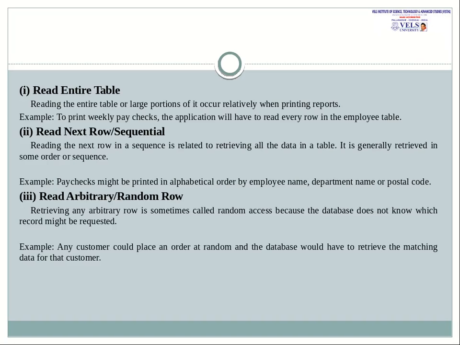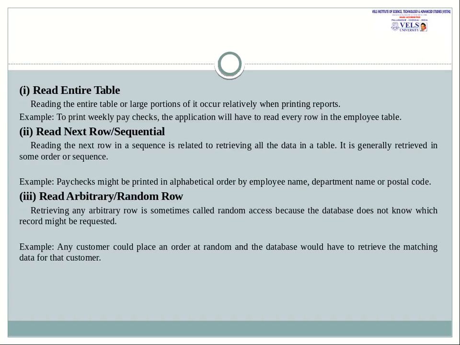And read next row, or sequential order, means reading the next row in sequence. It is related to retrieving all data in the table. It is generally performed in some order, or sequence order, on this particular record.